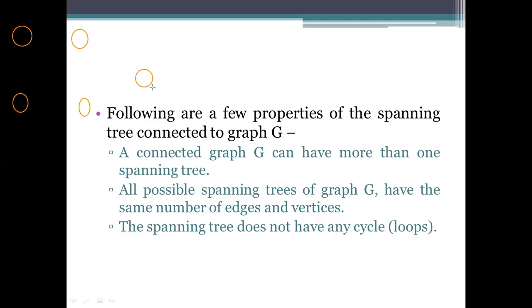So see here, we are using a graph, and I'm providing the edges to this one.